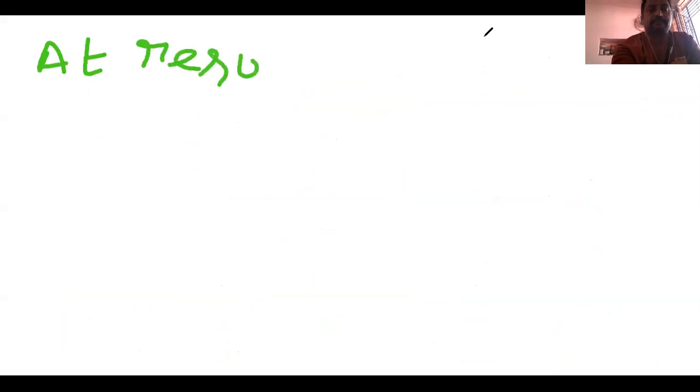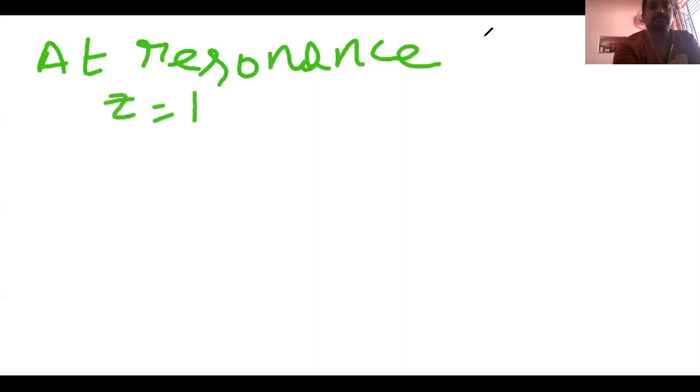So at resonance, the magnitude of impedance Z is equal to R plus j0. Therefore, it is equal to only resistance.